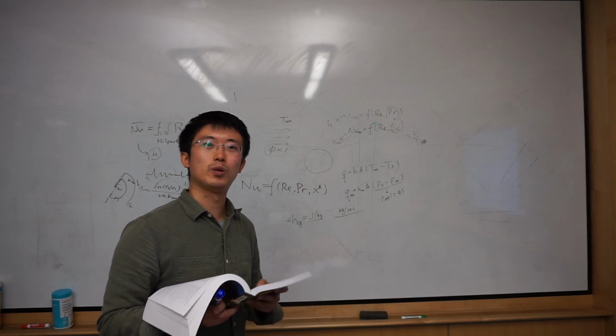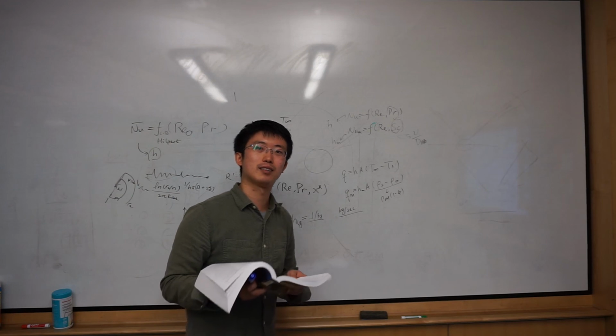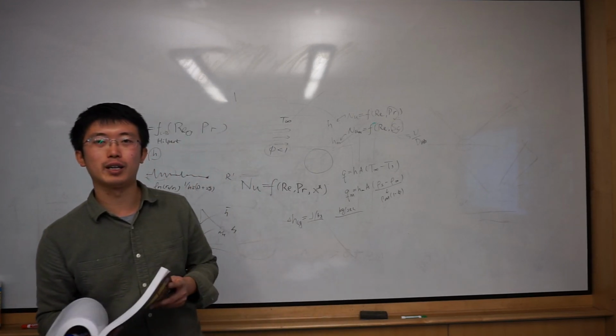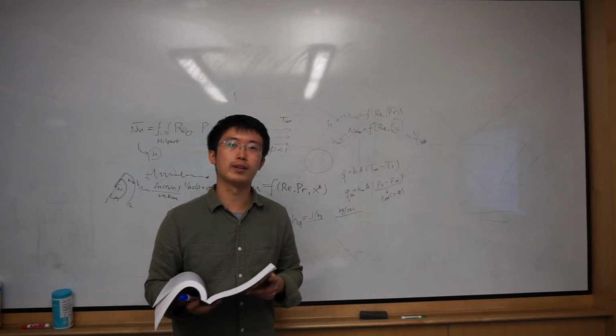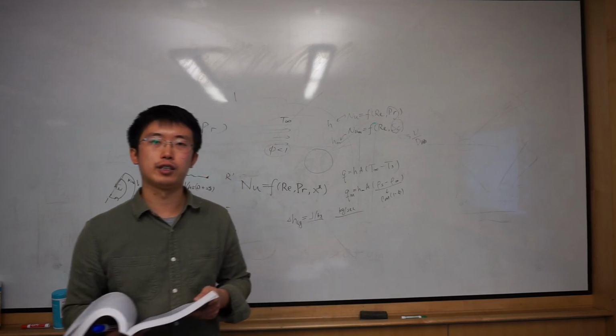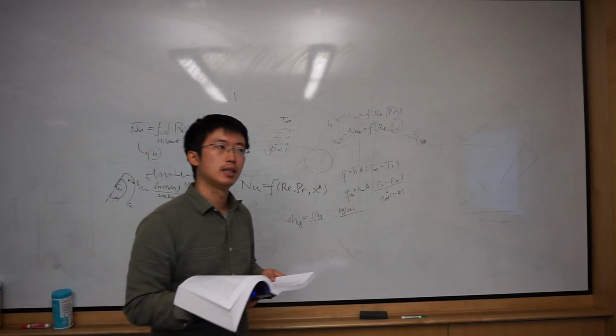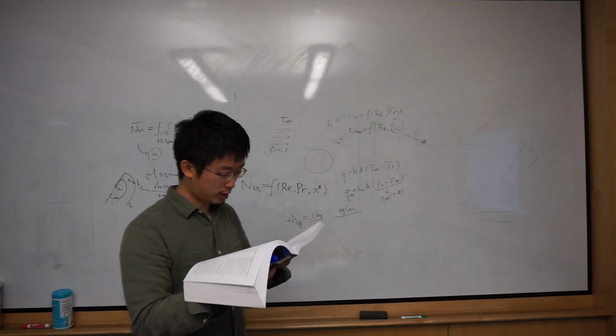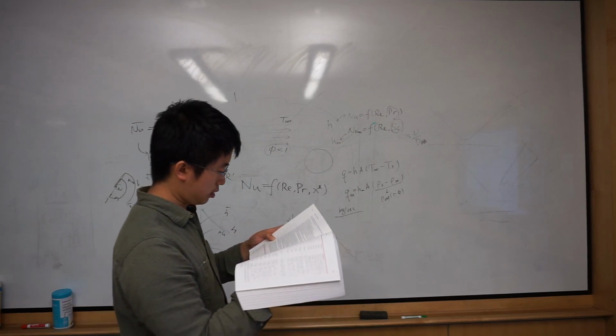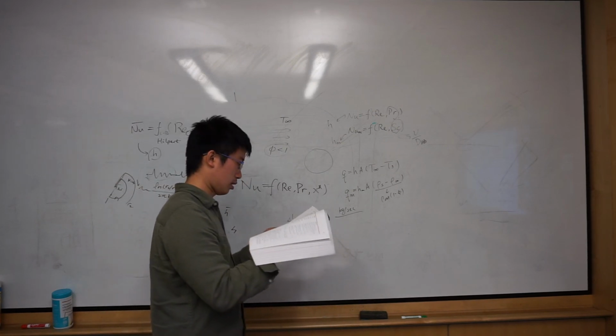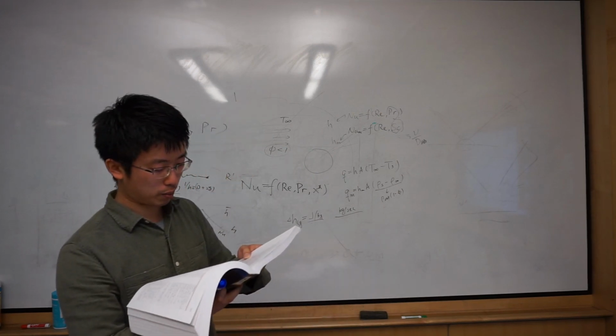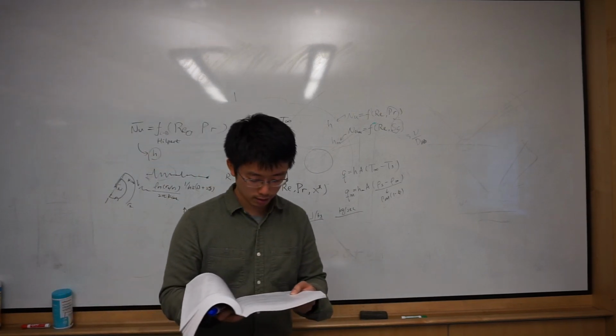We think the boundary layer thickness is very thin, so we evaluate the thermal properties with the average of the free stream temperature and the surface temperature. Tube bank and packed bed we also didn't mention.